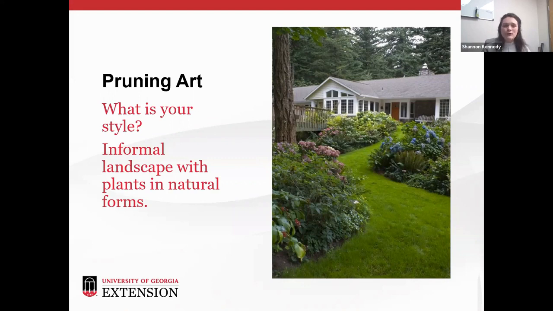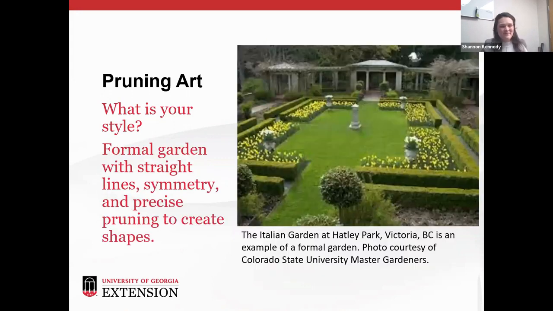So informal landscapes that have naturally growing plants that look very similar to a healthy plant in its native environment is definitely an option. And honestly, I feel like it's getting a little bit more popular in more recent years, but I could be wrong on that. Maybe that's just my own style.